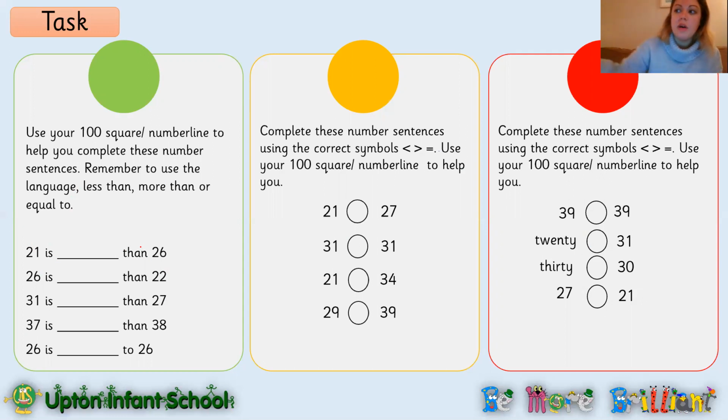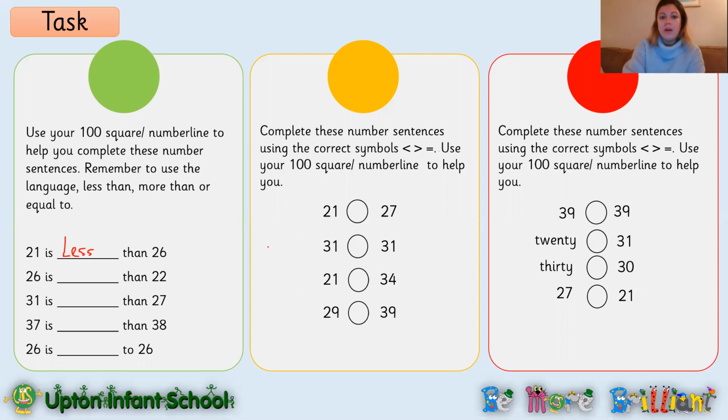So I would use my 100 square and I would find my 21. And I know that 21 comes before 26. So it's less than 26. So in this box, I would write less. And so on. And you do that for the rest of the questions.